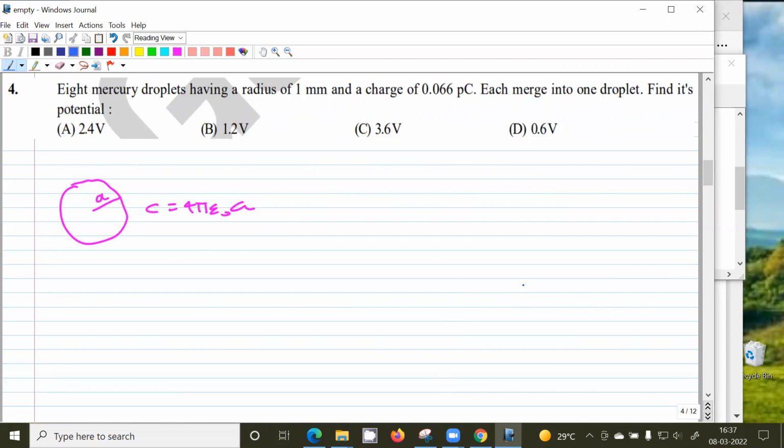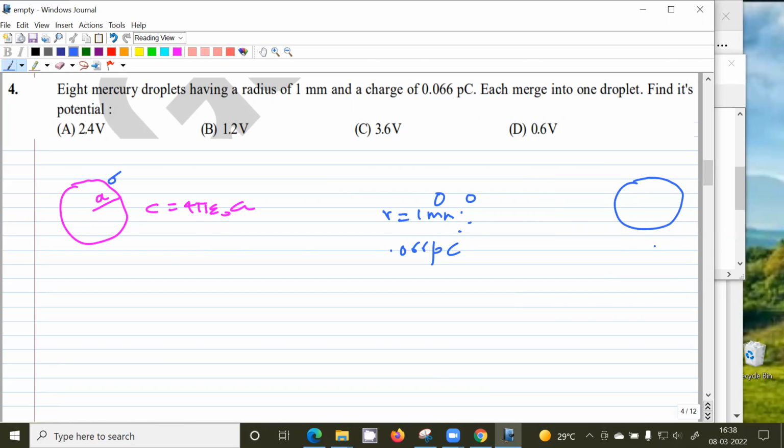The first one is each of them are there. At its surface or what, sir? Find its potential. Potential on its surface or inside or outside. You didn't mention anything. It is a solid conductor, the charge will go to the surface only. So liquid is a conductor, so charge will go to the surface. And radius is 1 mm in the first case. And charge of each one is 0.006 picocoulomb.